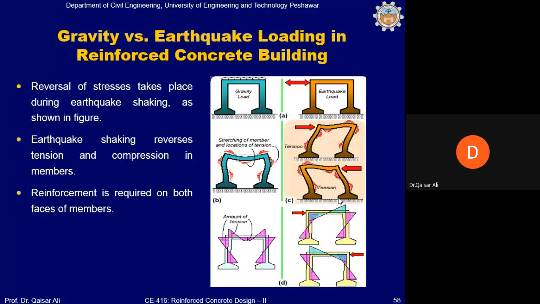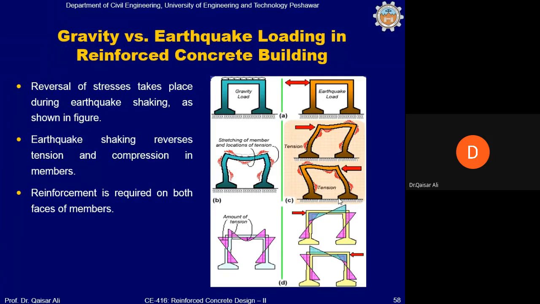I hope this is clear to you. As you can see from this figure, the effects are produced at the beam column joints and at the ends. For this reason, whenever a frame structure is hit by an earthquake, the connections of the frame system must be properly designed.